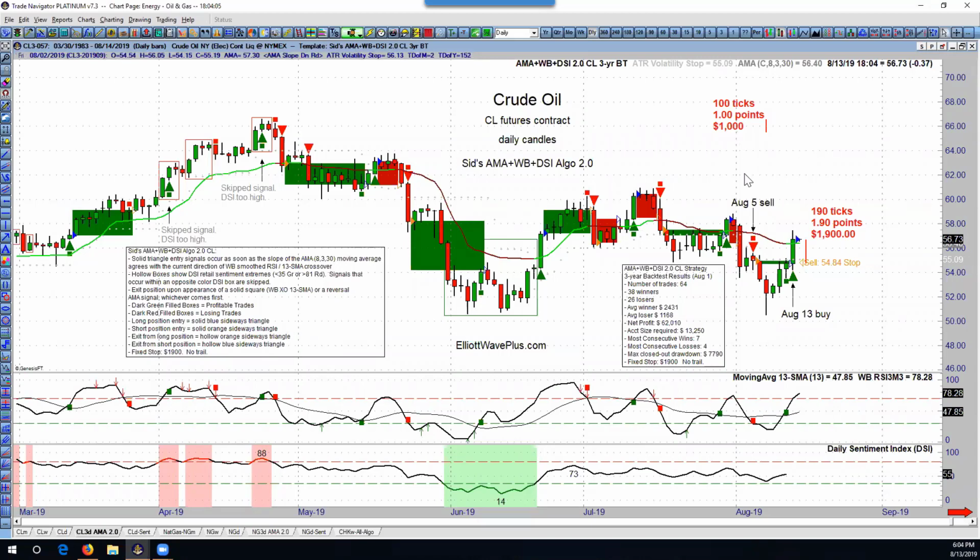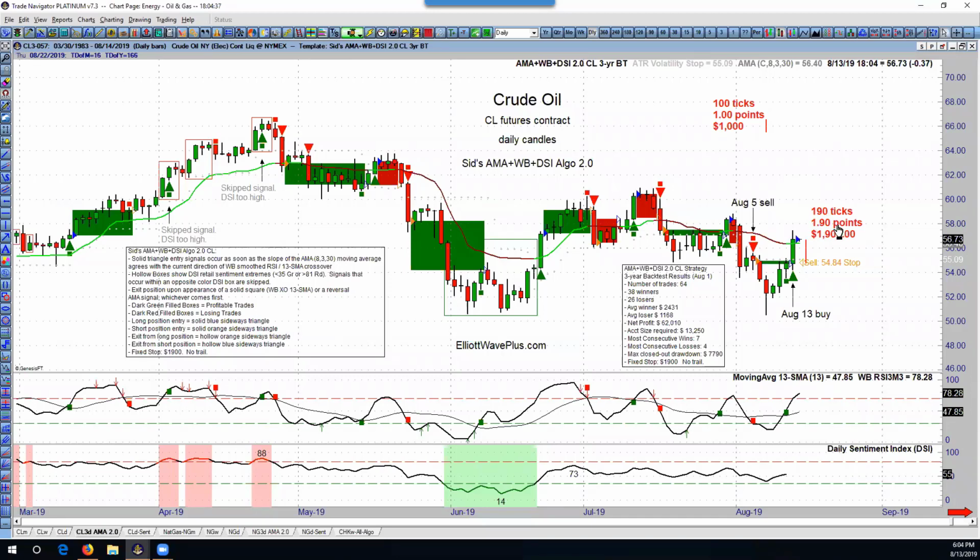Every tick, every penny, which is the smallest movement in the crude oil contract. Every time it moves a penny, if someone is in on this trade, either long or short, with one CL contract, it will move in value $10. So a $1,900 stop is how many ticks? 190.